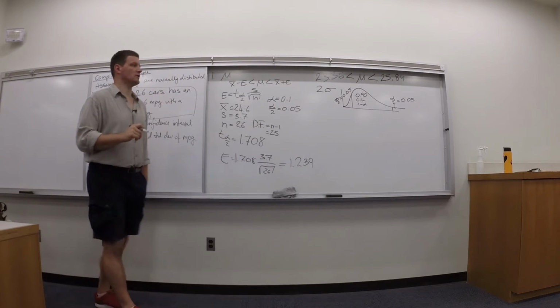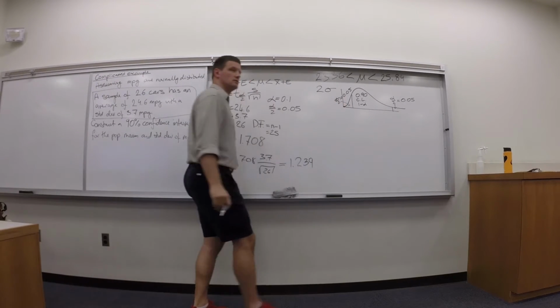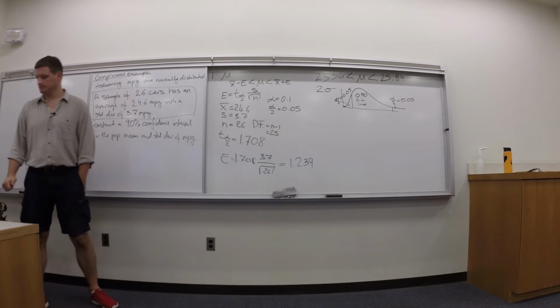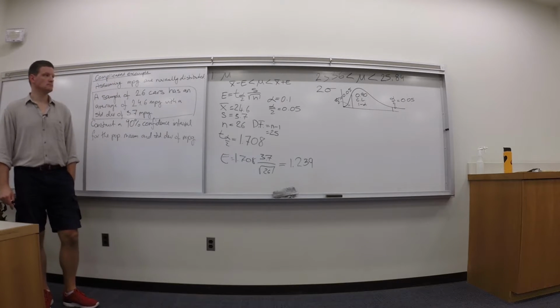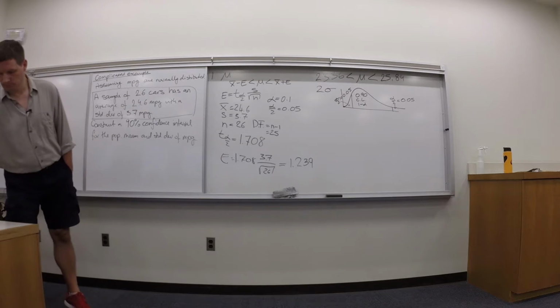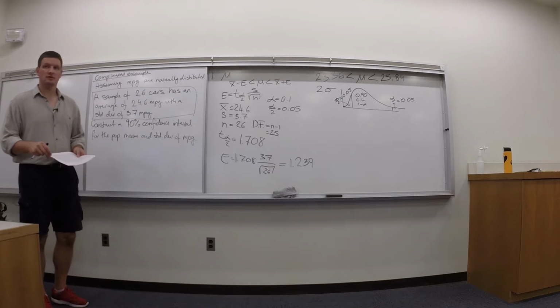Right, we have those two areas as alpha over 2. So what are the critical values?